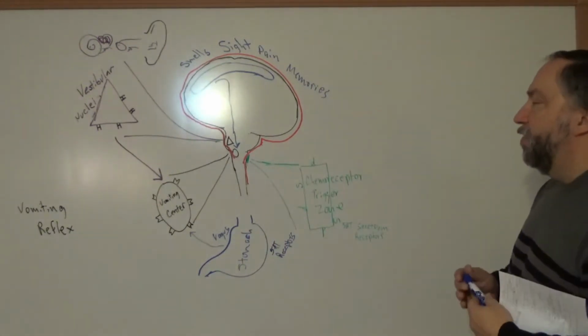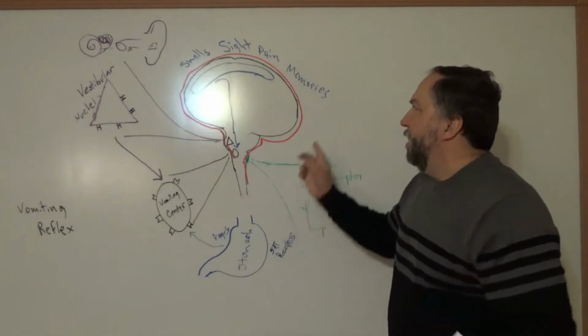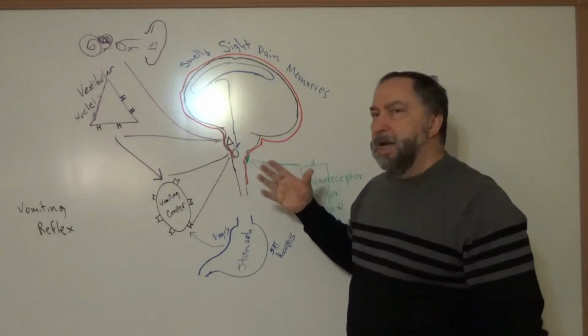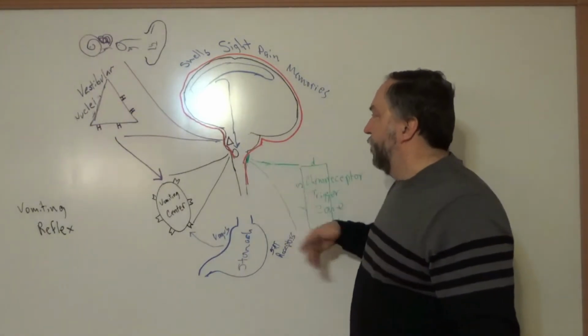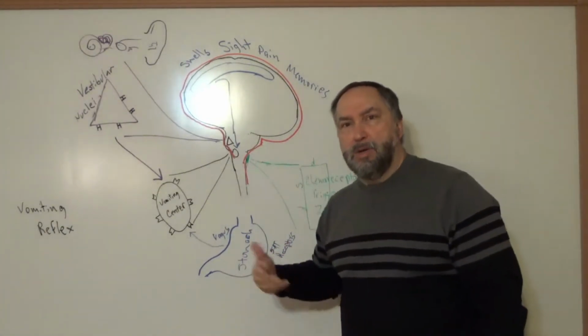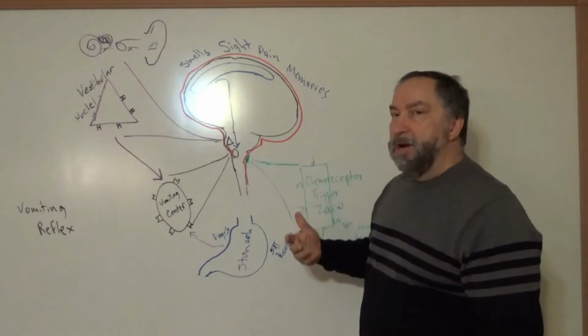One thing about this is it's kind of harder to control with medication, because it's all happening inside the blood-brain barrier, and most of our medicines don't cross the blood-brain barrier.